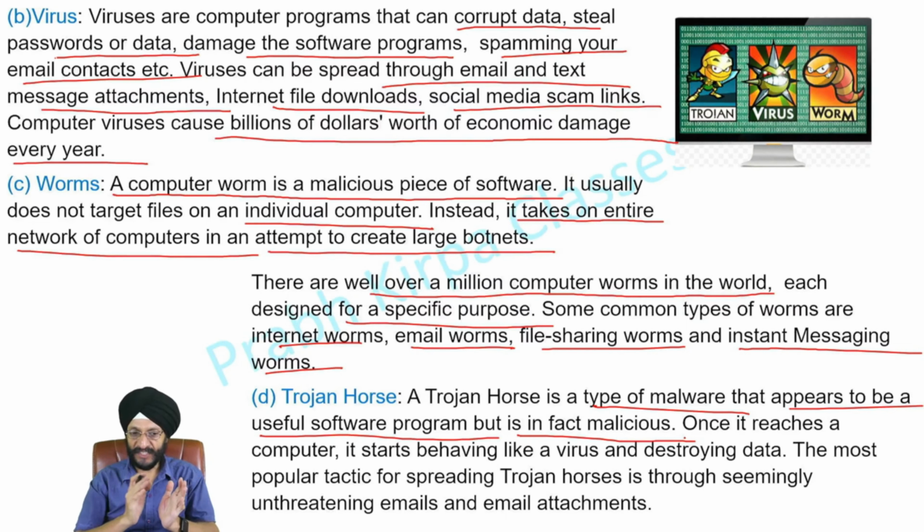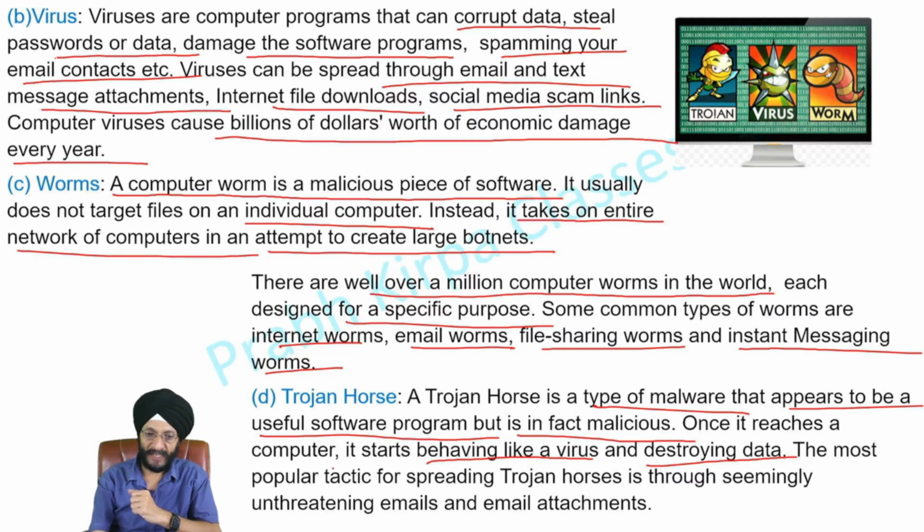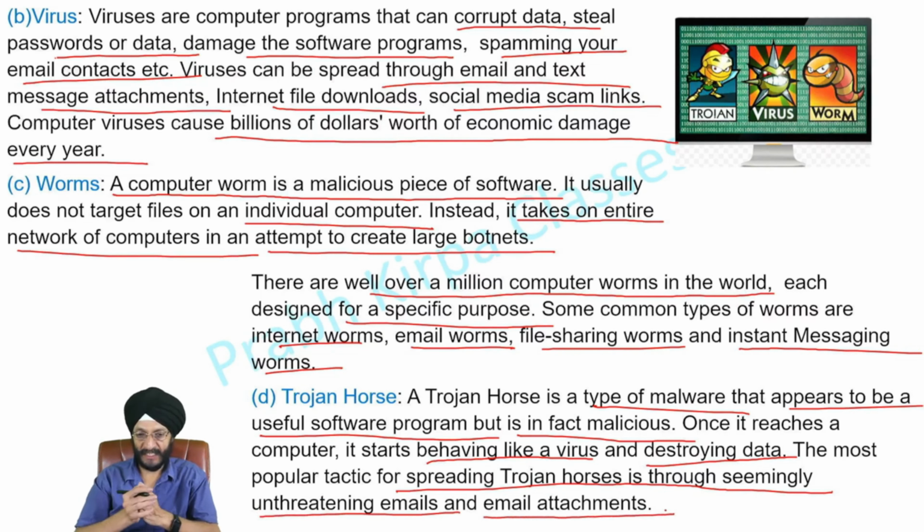Once it reaches a computer, it starts behaving like a virus and destroys the data present in the computer. The most popular tactic for spreading Trojan horses is through seemingly unthreatening emails and email attachments. That is, Trojan horses spread through emails and email attachments.